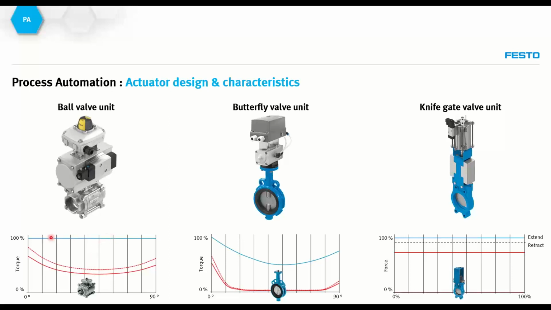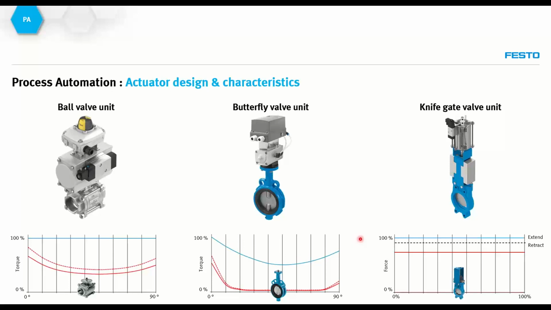Moving on to the torque curves of the actuator. In this case, we have the rack and pinion actuator. On the other chart, we have the butterfly valve torque curve, including also the safety factor. Also, we have the Scotch yoke actuator.